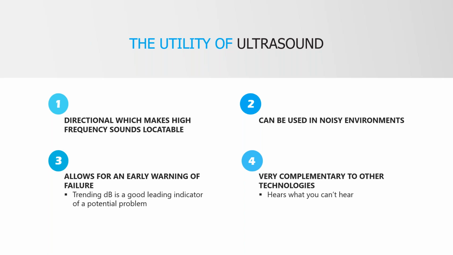And if we know the amount of increase either above a baseline dB reading or above the previous reading, we pretty well know what the condition is. We can tell if it's just a lack of lubrication, if the bearing needs grease, or we can tell if that bearing is now in a failure mode that is beyond a lack of lubrication. So again, it's a really good leading indicator of a potential problem. And we'll go back to that concept when we talk about condition-based bearing lubrication.